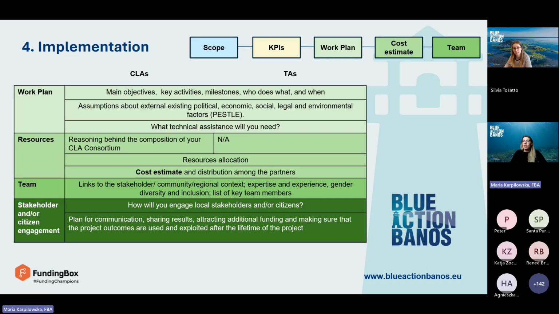Then resource allocation and cost estimate, and how you are planning to distribute the total cost among the partners. I will go more into the details of the budget in the next slide. It's just that the budget you are building will be located in this part of the full proposal, under implementation and resources.